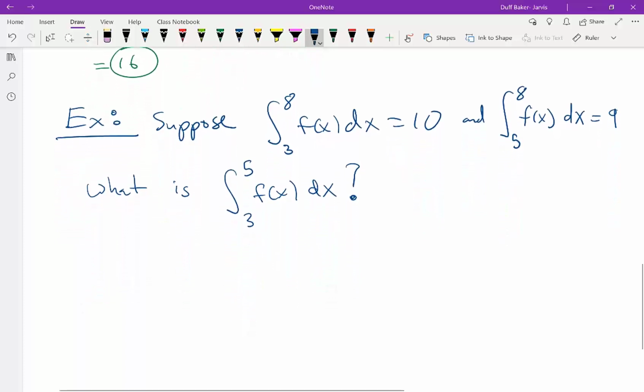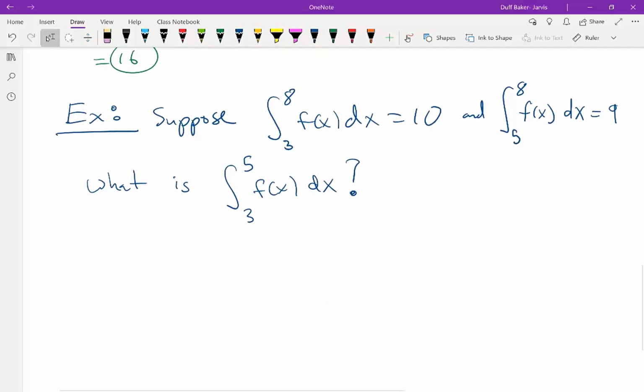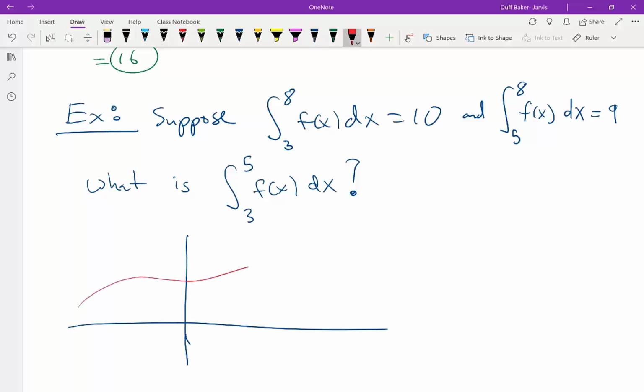So if you think about this in a picture, right? We don't know what the function f looks like, but we can just make up any old one. It doesn't really matter what it looks like. And then there's these three numbers here, right? There's 3, there's 5, and then there's 8.